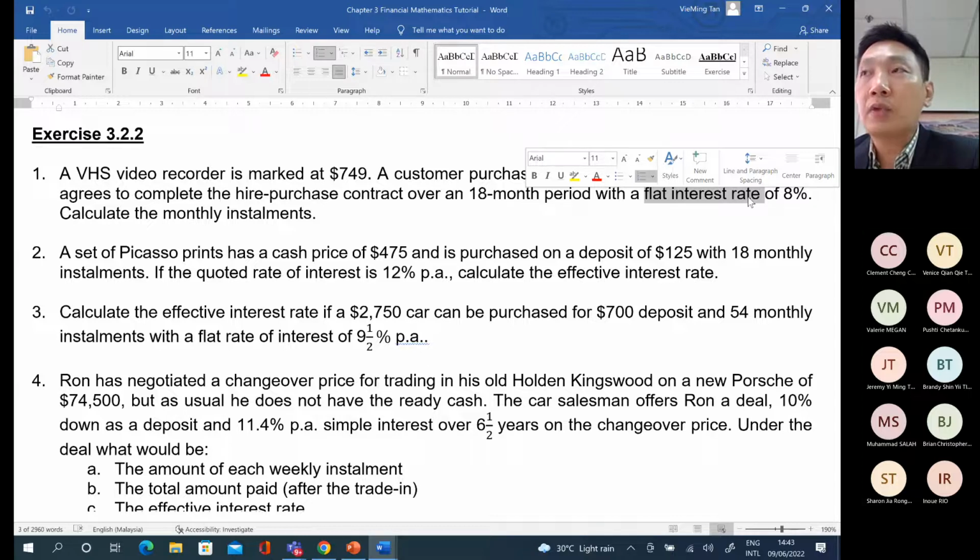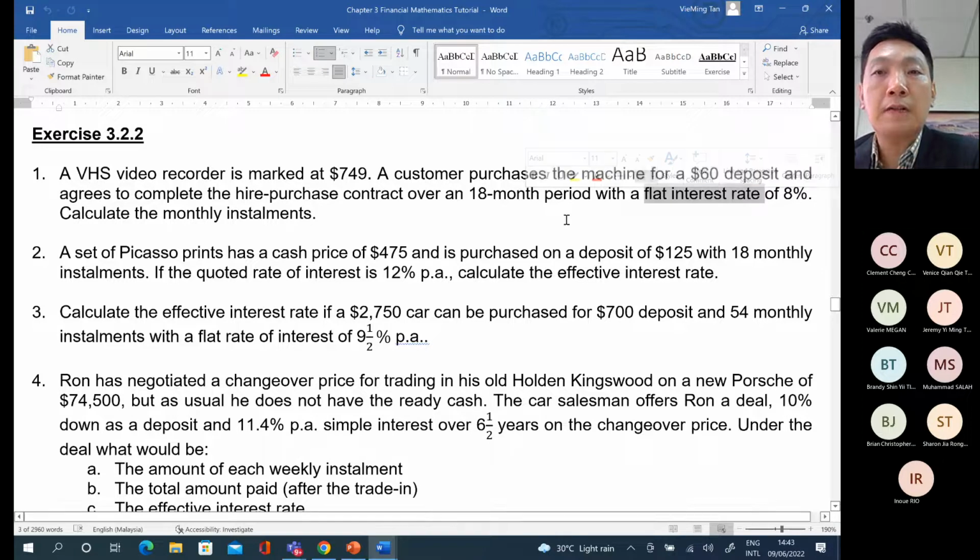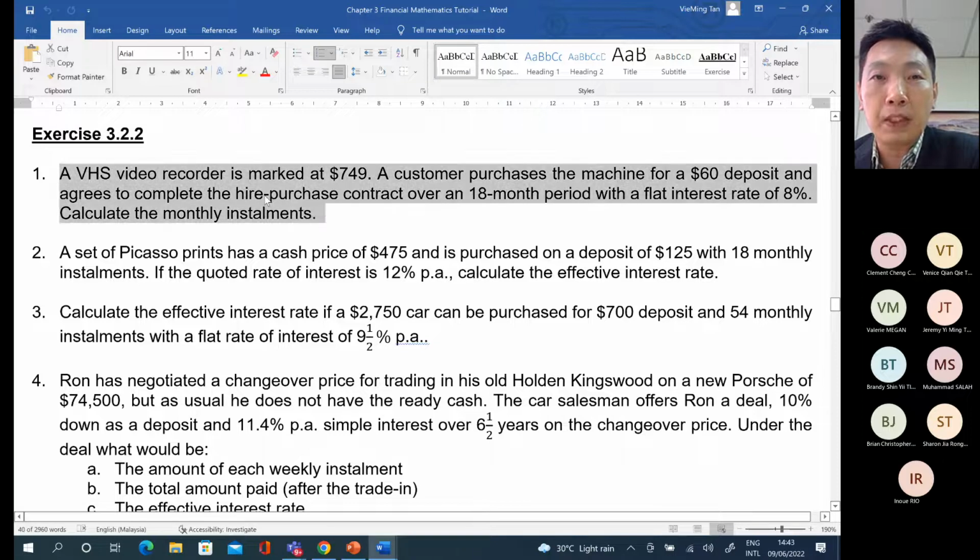So the technique to answer this question is that we must know what the down payment is, which will be paid by the customer, and also identify the principal that will be charged for interest. Okay, in order to answer this type of question. So let us try to do, maybe I'll start with this one. Okay, question number 1. Okay, I'll copy this question to the PowerPoint slide.